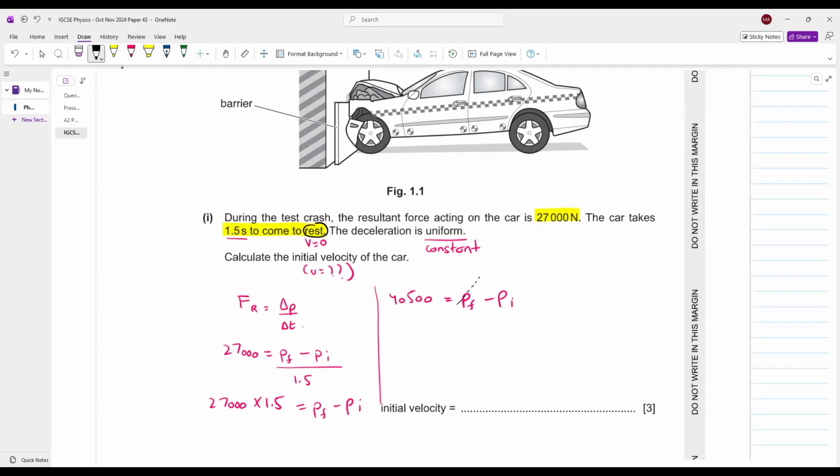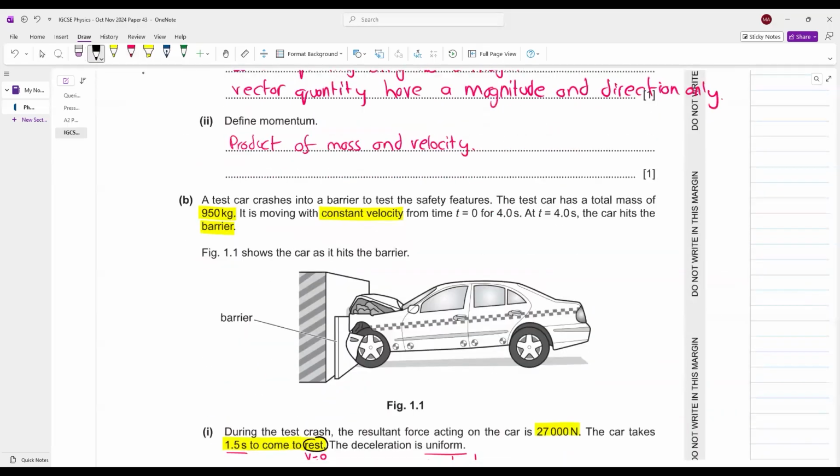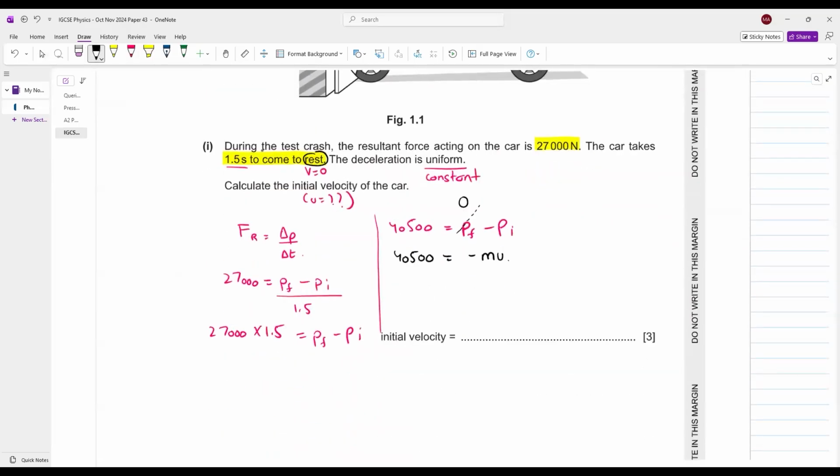That means your final momentum is 0. 40500 is equal to negative of initial momentum, that is mass into the initial velocity. Do you have the mass? Yes, 950. So 40500 is equal to negative 950 into the velocity, that is u.